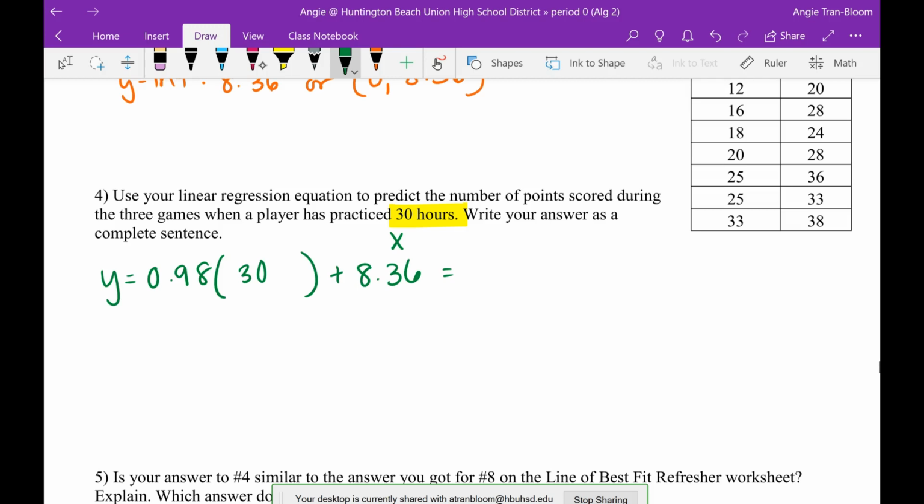Once you have it, the calculator will give you a decimal, obviously, but round it to a whole number, because can your final answer be a decimal? No. Okay. What did the calculator give you in decimals? 37.76. It says here, write your answer as a complete sentence. You do it, and then I'll just call on you to give me your final sentence, okay?